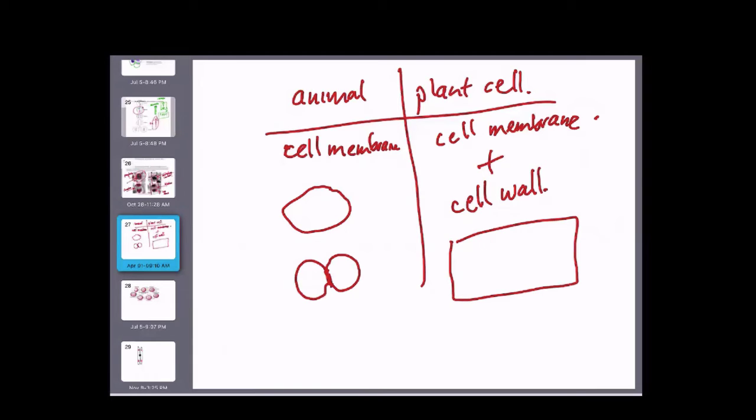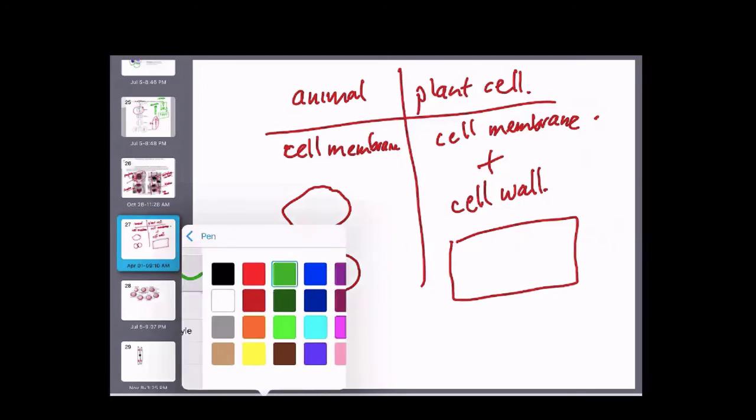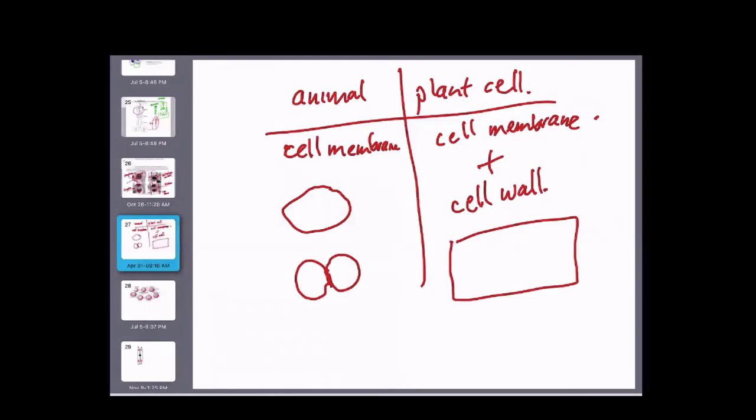What a plant cell has to do is get little vesicles deposited down the middle, and inside those vesicles, what makes a cell wall? Cellulose. Those little vesicles of cellulose get deposited and eventually fuse together, so we build that cell wall back up.